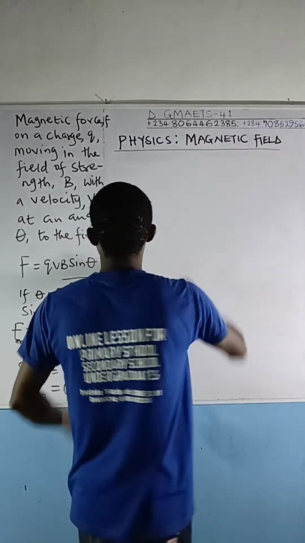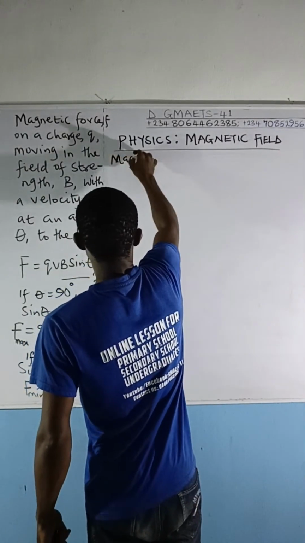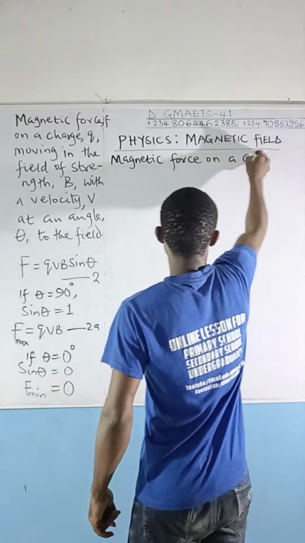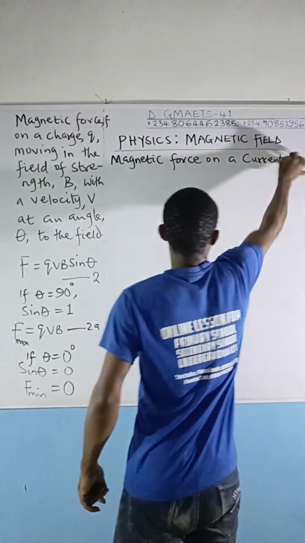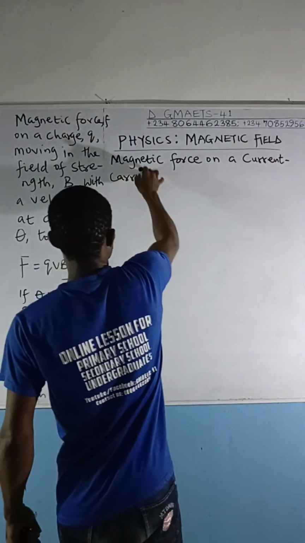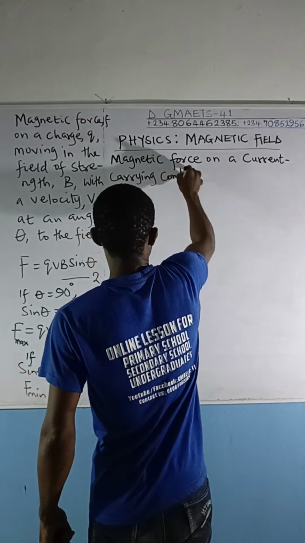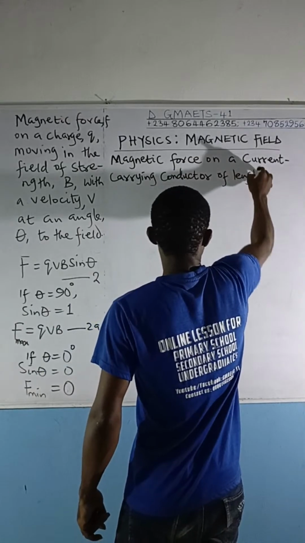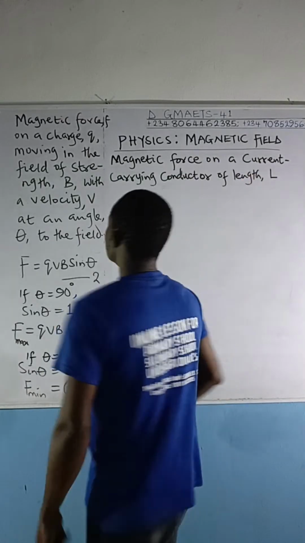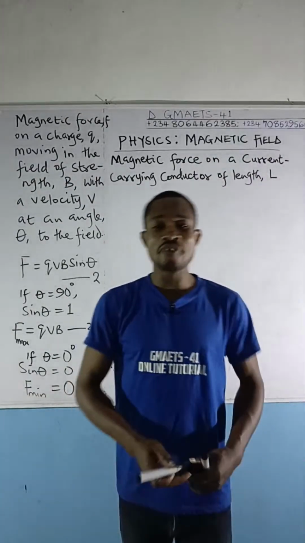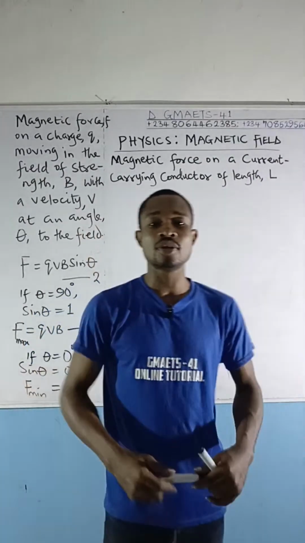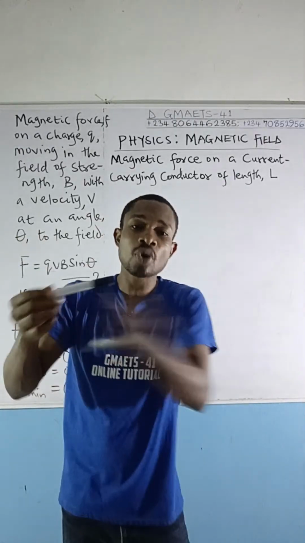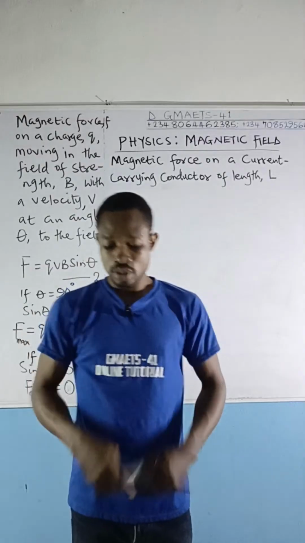Now let us talk about magnetic force on a current carrying conductor of length L. The term current carrying conductor means a conductor that carries current, that is, current is flowing through it in a magnetic field.